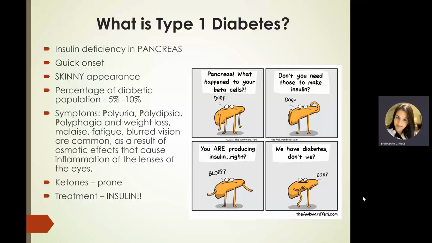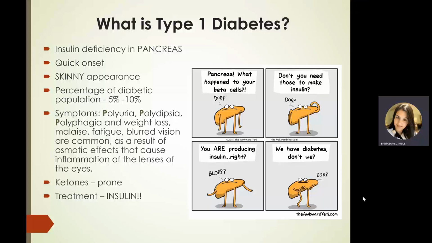Some of the first symptoms are that patients feel tired and fatigued. They could have some blurred vision because of the dehydration that happens as the body tries to excrete all these glucose molecules.